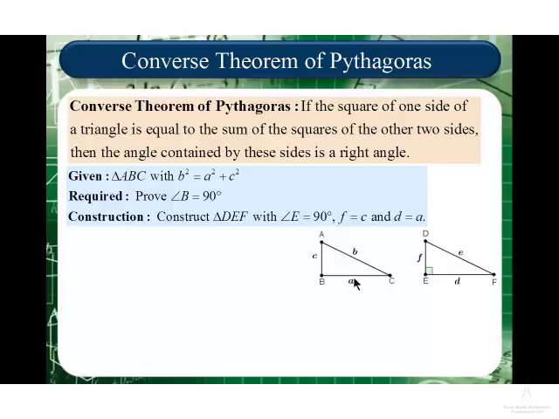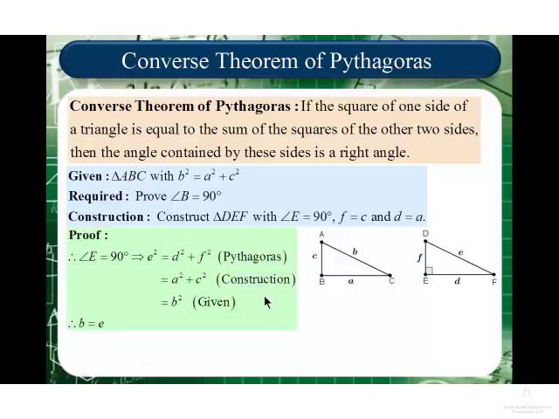That's the construction. And in this case we consider the angle E, which is 90 degrees to start out with. We have constructed it to have a right angle at E.